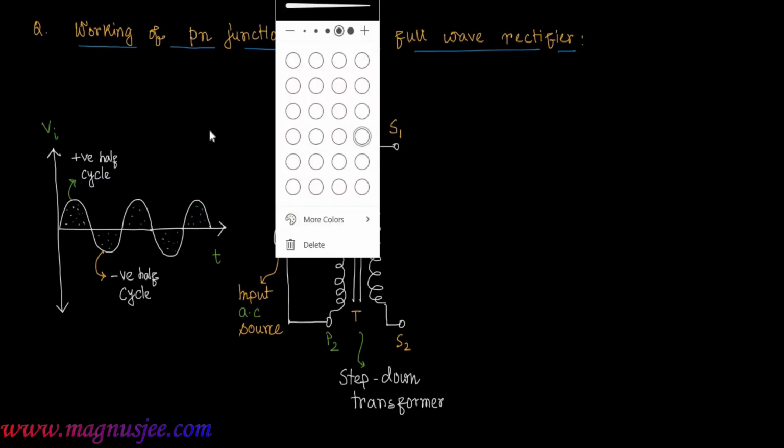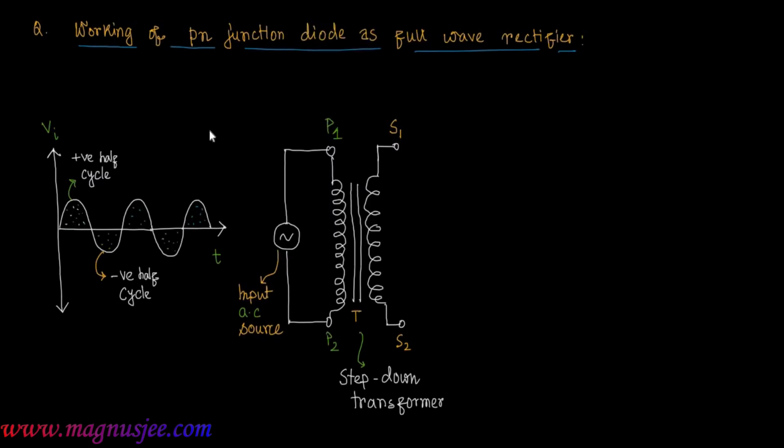Now to the two terminals of secondary coil, two PN junction diodes are connected in this way. This is the first PN junction diode, D1, which has a P side and an N side.